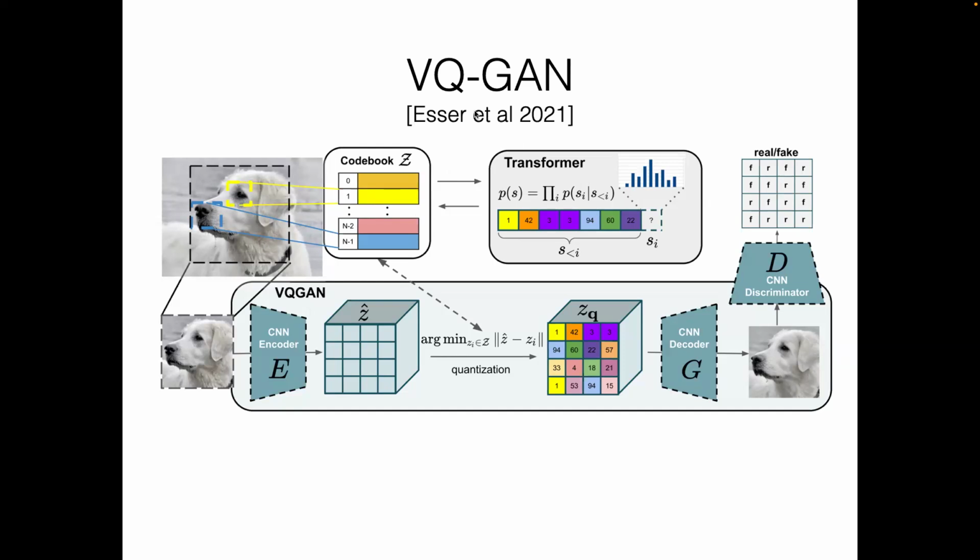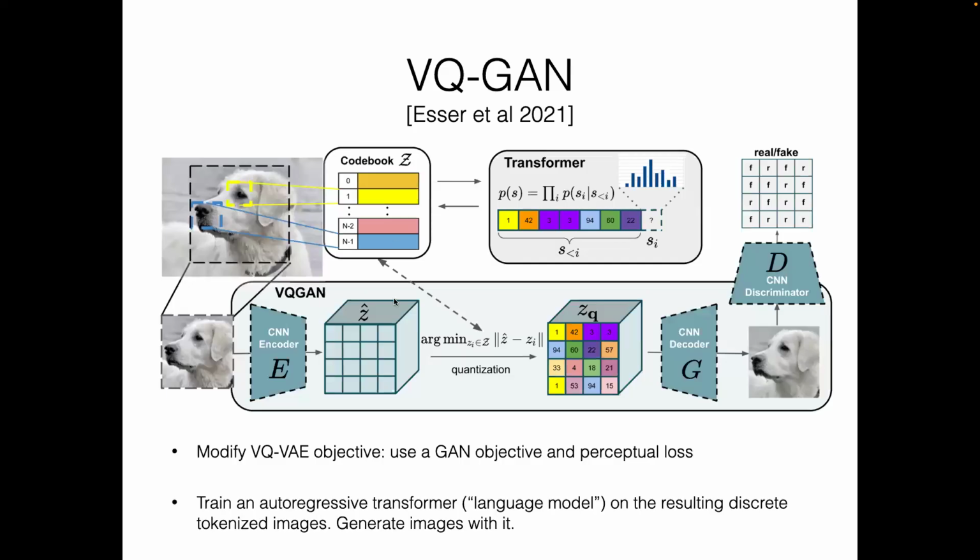And then the interesting thing with this paper is this is called vector quantized GAN. The interesting thing here is they actually train this autoregressive model on the resulting tokenized images, like I was saying before. So here again, they have this way of tokenizing and detokenizing images.